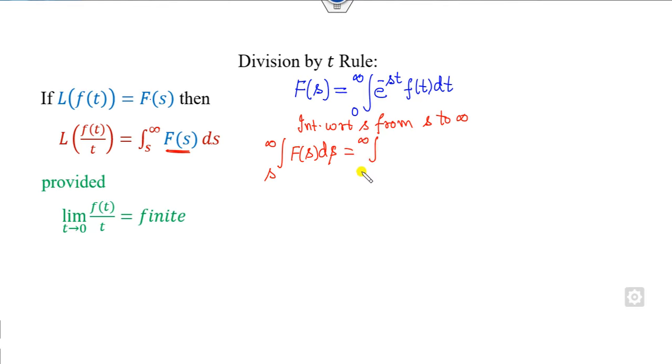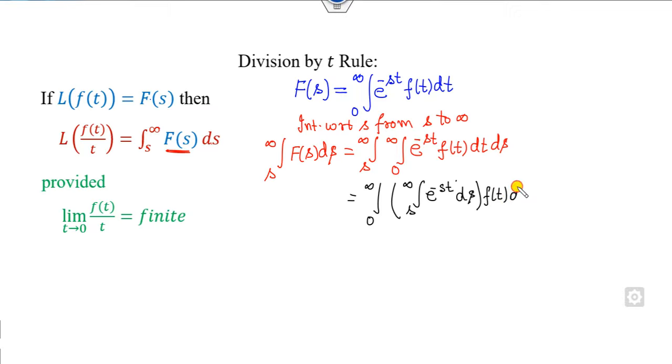So this will be the integral from s to infinity of the integral from 0 to infinity of e raised to power minus st f(t) dt ds. Now I can change the order of integration. So 0 to infinity comes outside, and s to infinity is inside, of e raised to power minus st ds f(t) dt, by using the change of the order of integration.